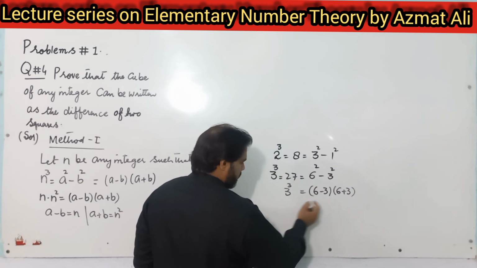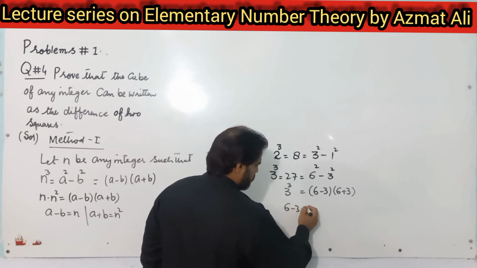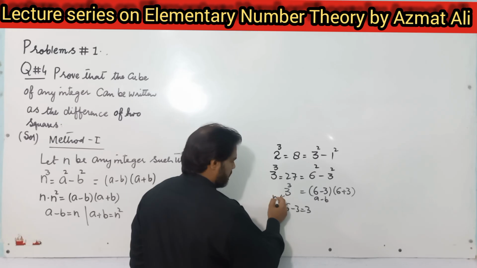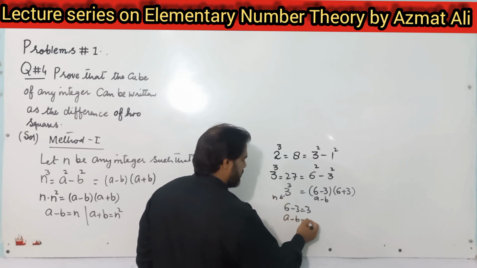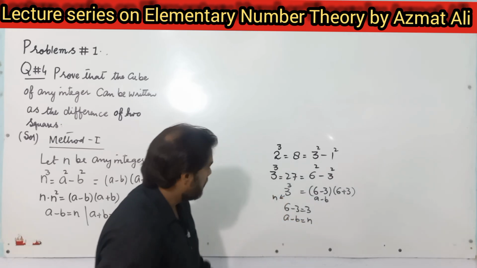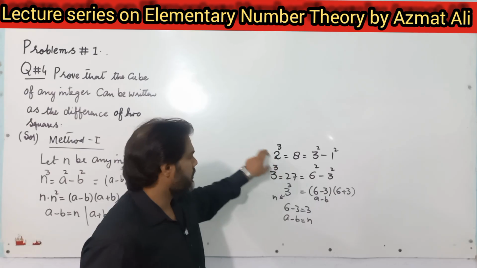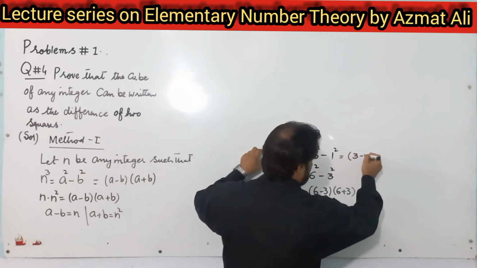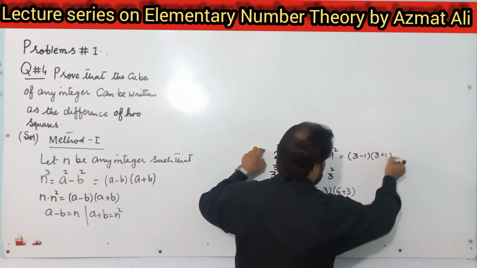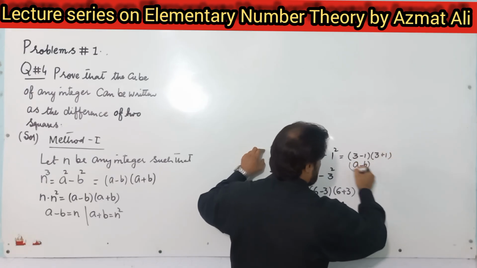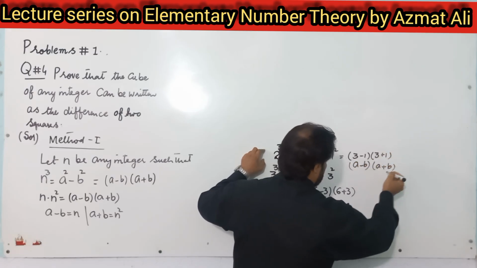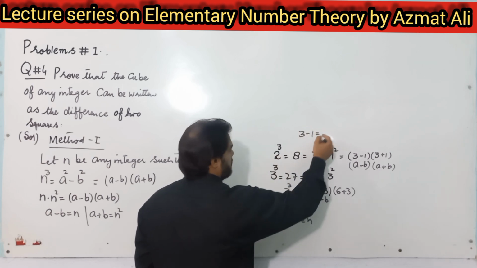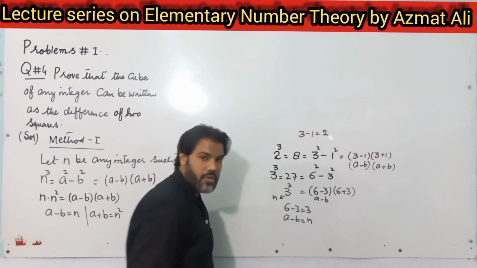If you observe here, 6 minus 3 is equal to 3. This is my a, this is b, and this is n. So we can write a minus b is equal to n here. You can verify this also from this example. If you write it as (3 minus 1) into (3 plus 1), this is a minus b and this is a plus b, and 3 minus 1 is equal to n, that is here 2.